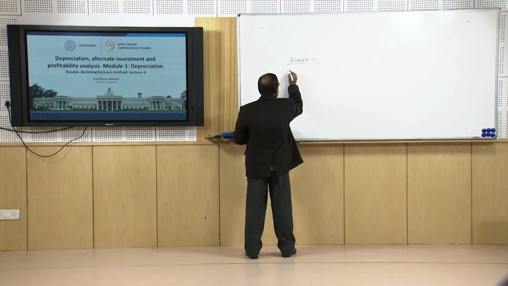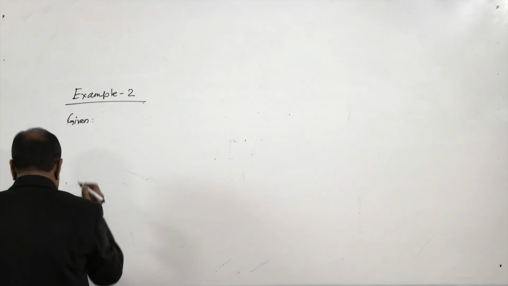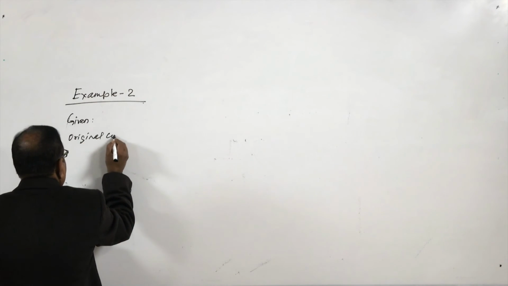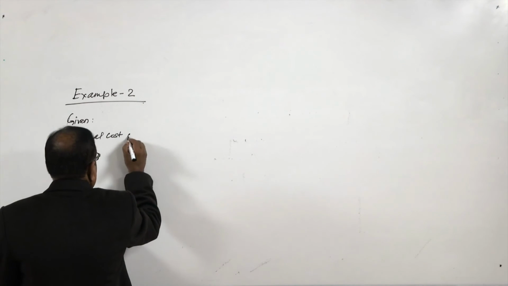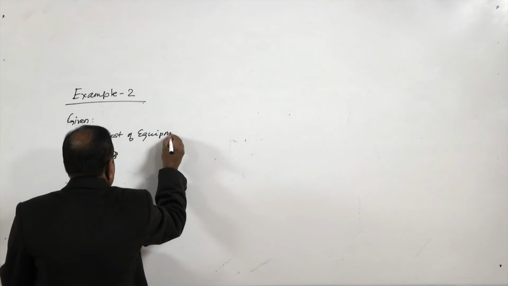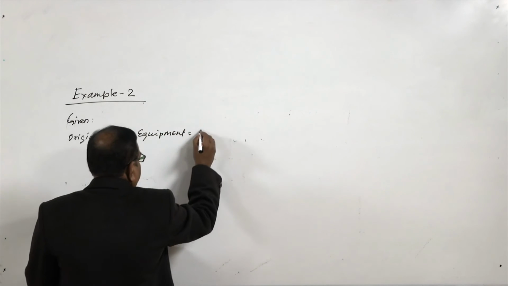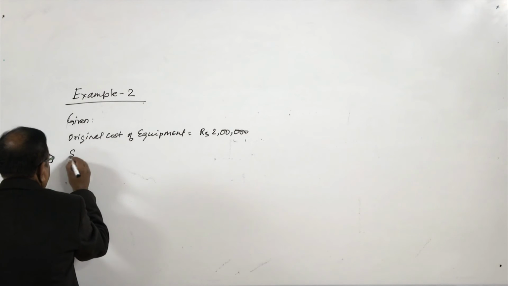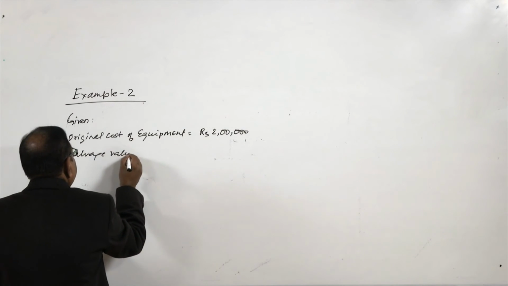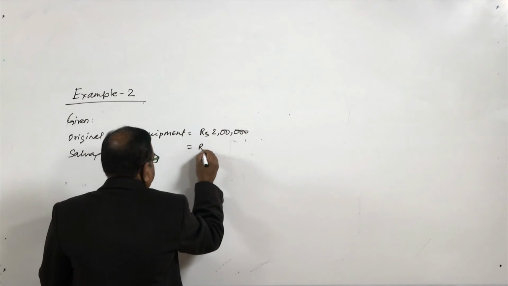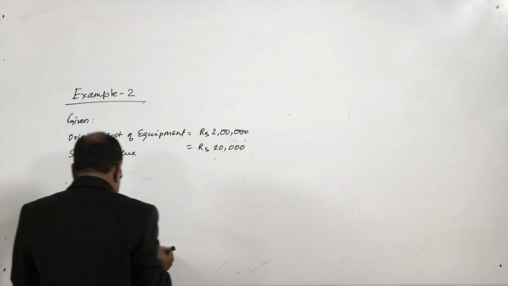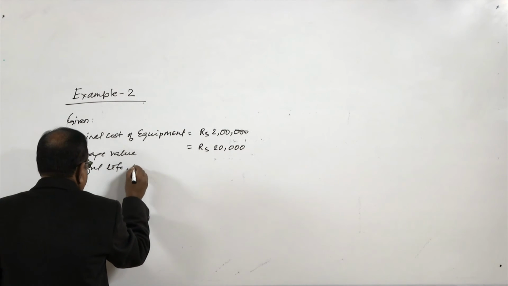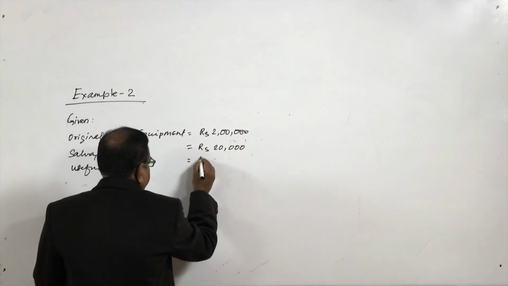So, given are: original cost of the equipment was rupees 2 lakh, salvage value is rupees 20,000, useful life, which is n, is equal to 7 years.